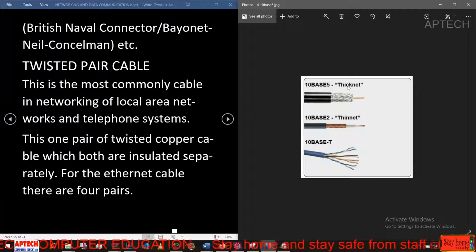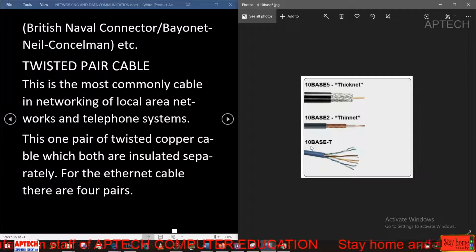It was nicknamed thicknet. Then this one was 10 Mbps baseband, but 200 meters. People claim that it was even less than 200 meters. If you see most books, it's written 185 meters. So it's called thinnet.